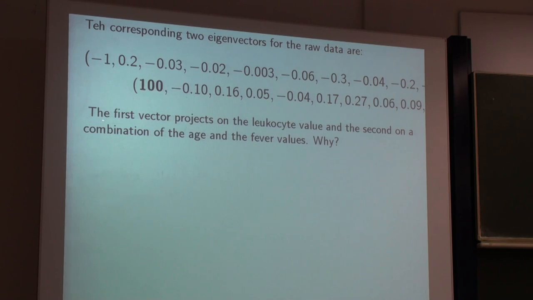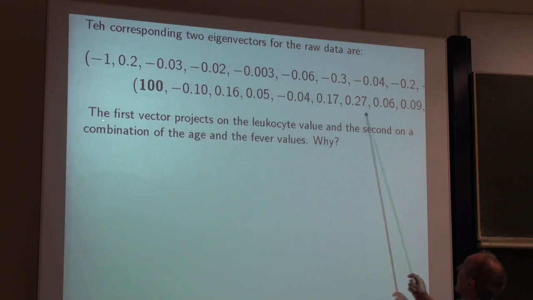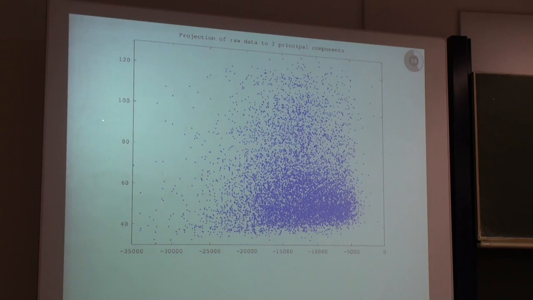And the second principal component has a value of 100 here and very small values elsewhere. The two fever values are also a little bit bigger than the others. So it's a combination of age and the fever values. And that's why we get such a picture without structure.